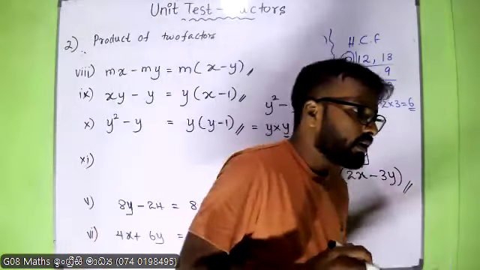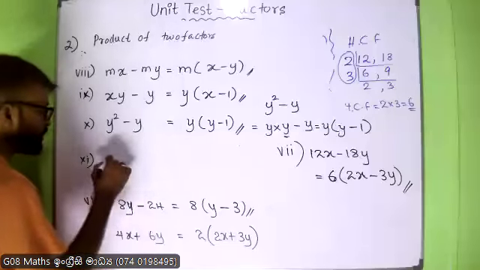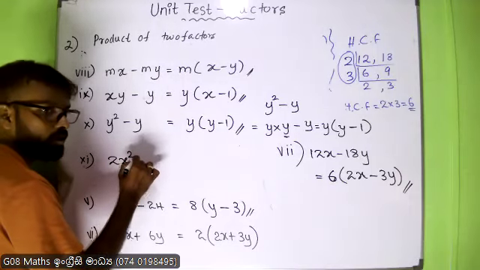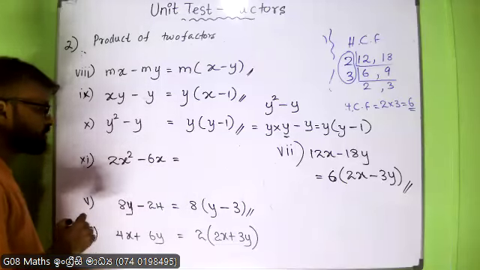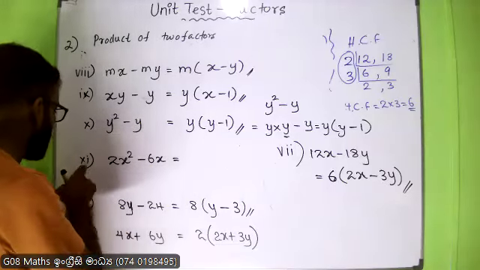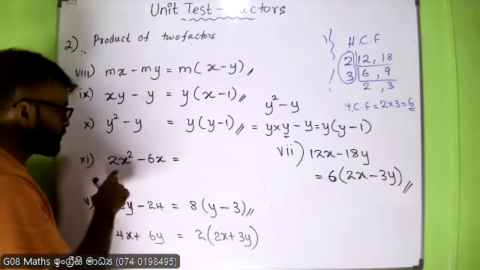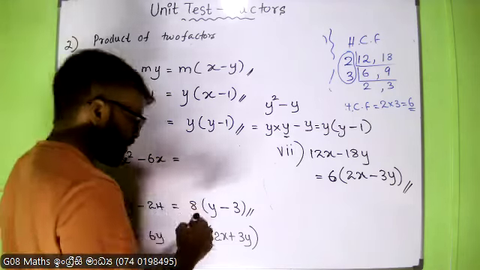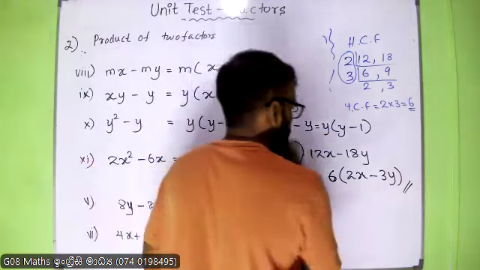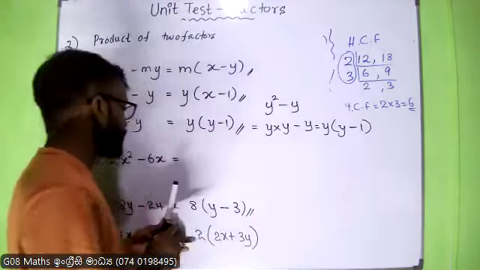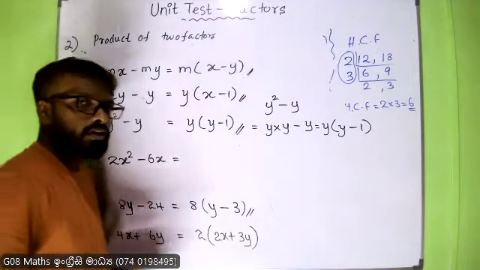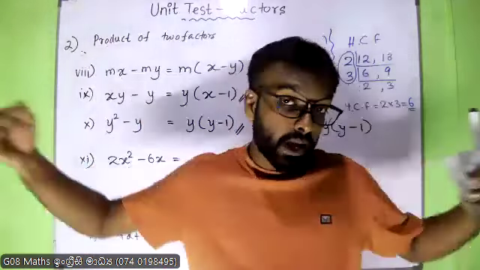The 11th one: 2x to the power 2, that means 2x squared, minus 6x. So how do we do this? First of all, I will expand this. If you cannot identify the common term at once, the way you can identify it is by expanding.